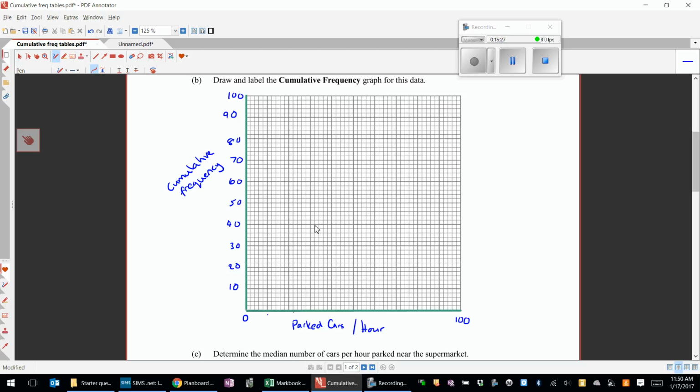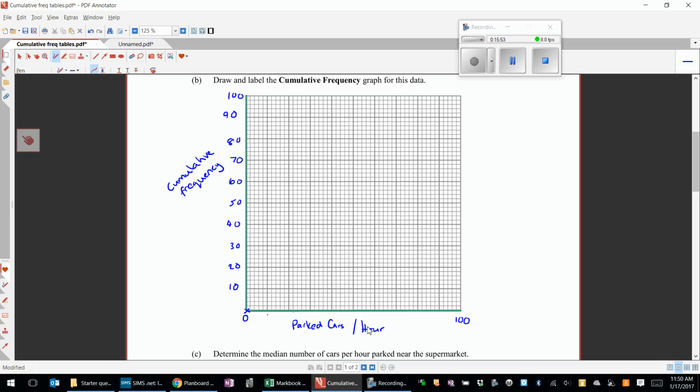Oh, so we do start on 0 in this case, because in the table, 0 is the lowest value. If that wasn't the case, we would choose the lowest possible value for the 0. Your cumulative frequency should always start at 0. It doesn't necessarily have to start on 0 for the x-axis.